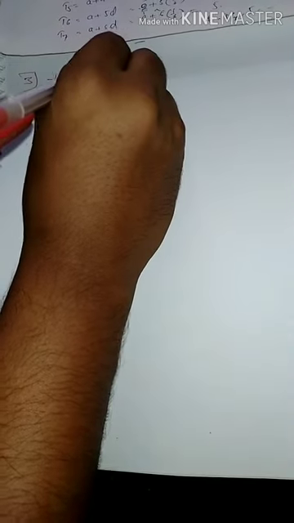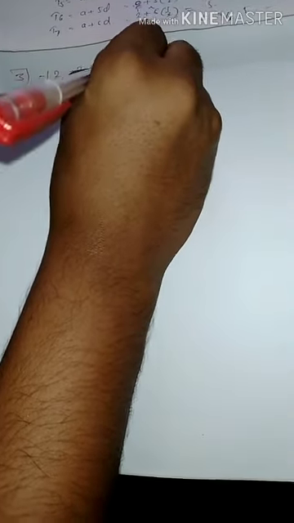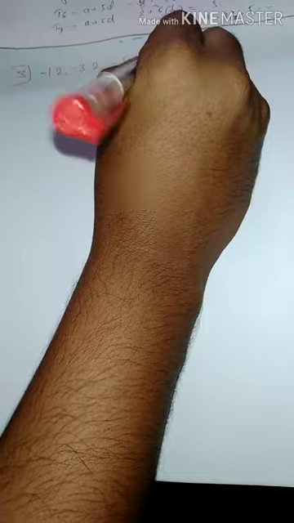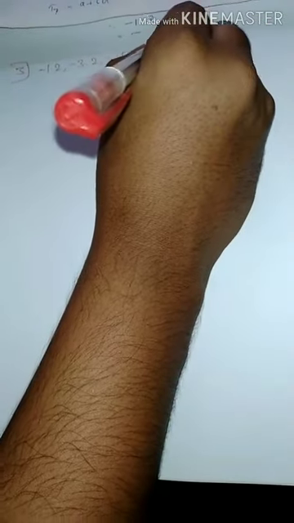And next, the third one: minus 1.2, minus 3.2, minus 5.2, minus 7.2.